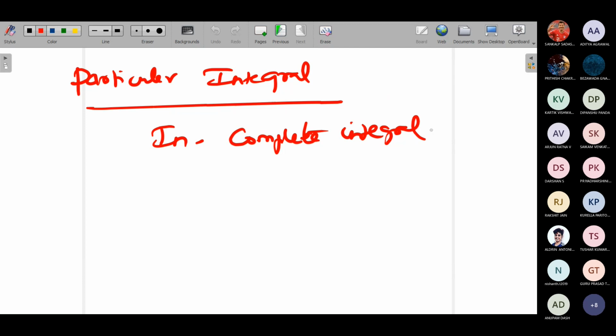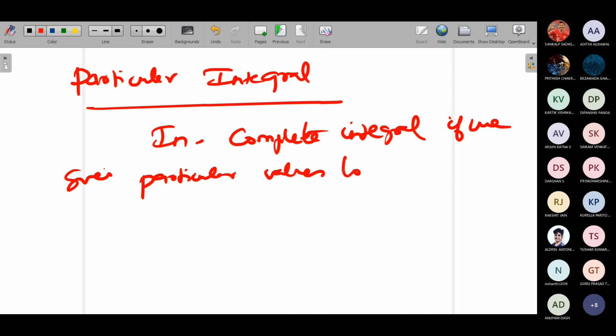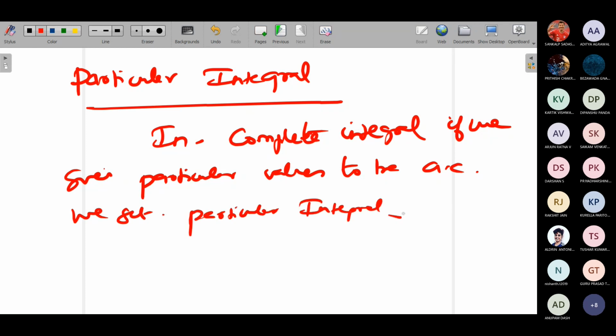So you can just take down: in complete integral, if we give particular values to the arbitrary constants, we get particular integral. Okay.